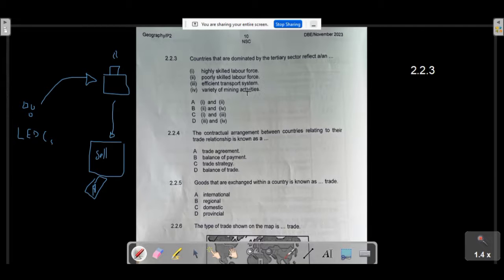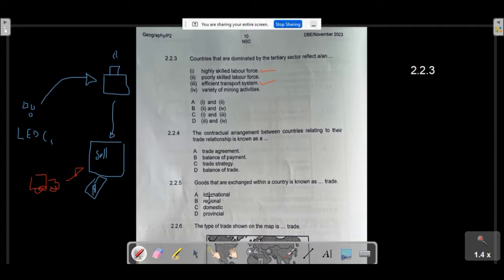Okay, I would say, of course, they have an efficient transport system. Indeed, if you want to have shops, of course you're constantly transporting your stock, and so on and so on. So they have an efficient transport system, and usually they have a highly skilled labor force.